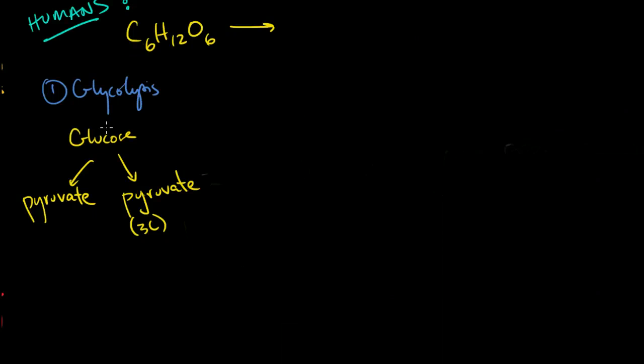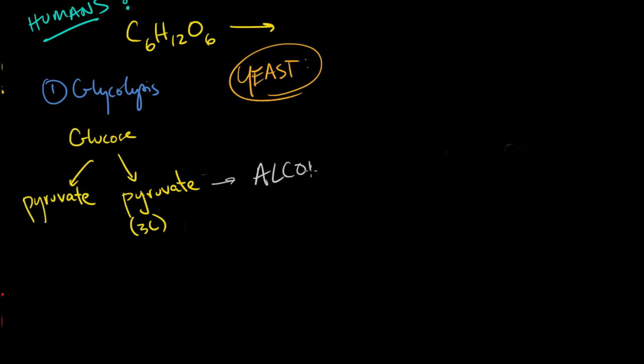Okay, so in yeast, the same reaction happens, glycolysis happens, but this pyruvate doesn't get converted into lactic acid. Instead, it goes into alcohol fermentation. And that alcohol fermentation, so this is the other type of fermentation.